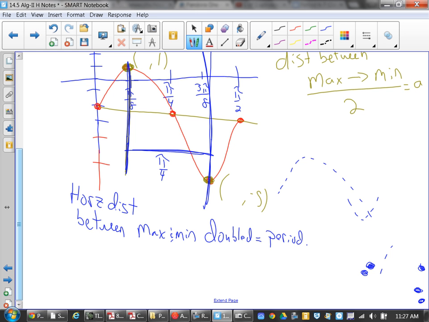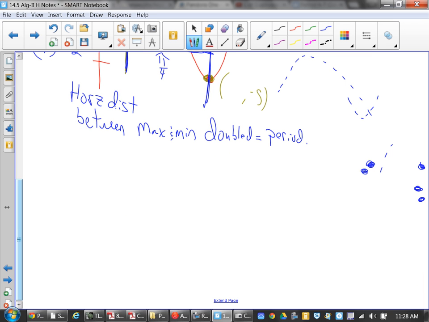You okay with that? So this one here, I take pi over 4 and I double it and I get pi over 2. Now think about period. How do you find the period of either sine or cosine? So if my period is pi over 2, that has to equal 2 pi over b. What is b? 4.